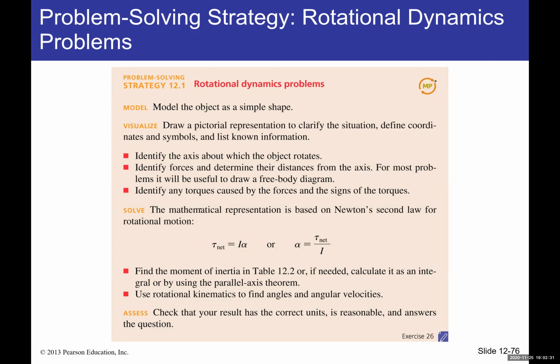They always help you visually see what's going on. And basically you have to figure out whether the system is rotational kinematics or rotational dynamics, whether it is in static equilibrium or dynamic equilibrium, or rotating with some angular acceleration, and things like that.